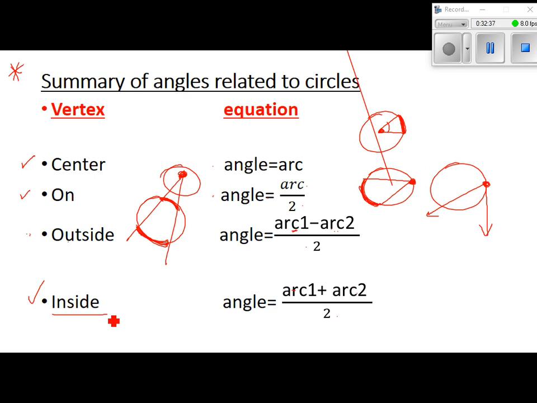Inside the circle, it might look something like this. And I should say inside, not at the center point. If it's at the center point, then we're back up here. But if it's inside, not at the center point, you've got an arc here, an arc here. You add them together, divide by 2, and it's going to tell you that angle.